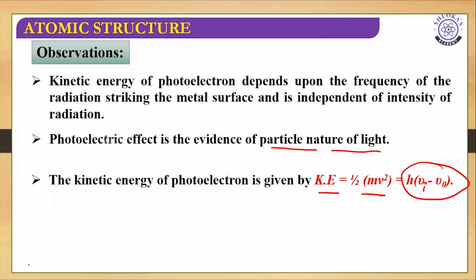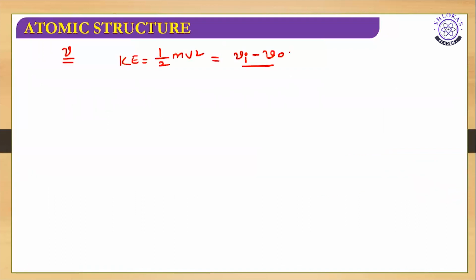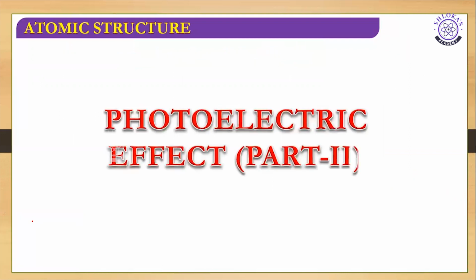Half mv square is equal to h nu, because E is equal to h nu, no? Here h is Planck's constant. Energy is equal to h nu according to Planck's quantum theory. So here nu is the difference between the incident and the actual required frequency. This is with respect to frequency. In a similar way, you can also elaborate it with energy.